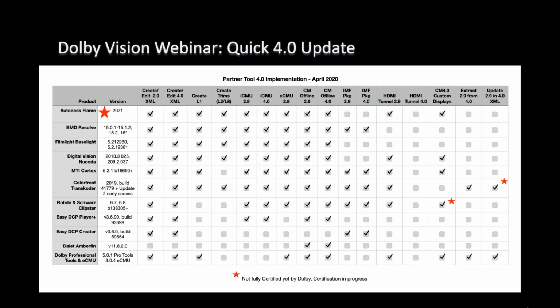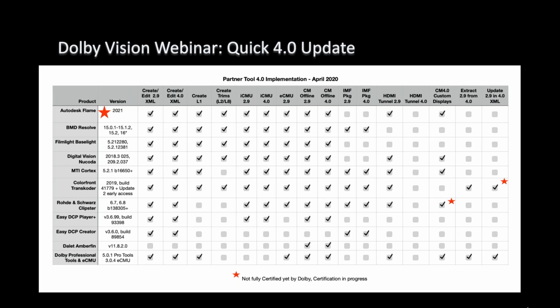I will tell you that since our December meeting, there are some new updates. Autodesk has released their new version of Flame called 2021. Although it's not fully certified yet by Dolby, it's in what I would call a Dolby Vision beta version. You are able to create 4.0 projects, and you're able to also import and edit metadata on existing projects. So it's quite a useful tool for mastering and finishing when it comes fully on board.